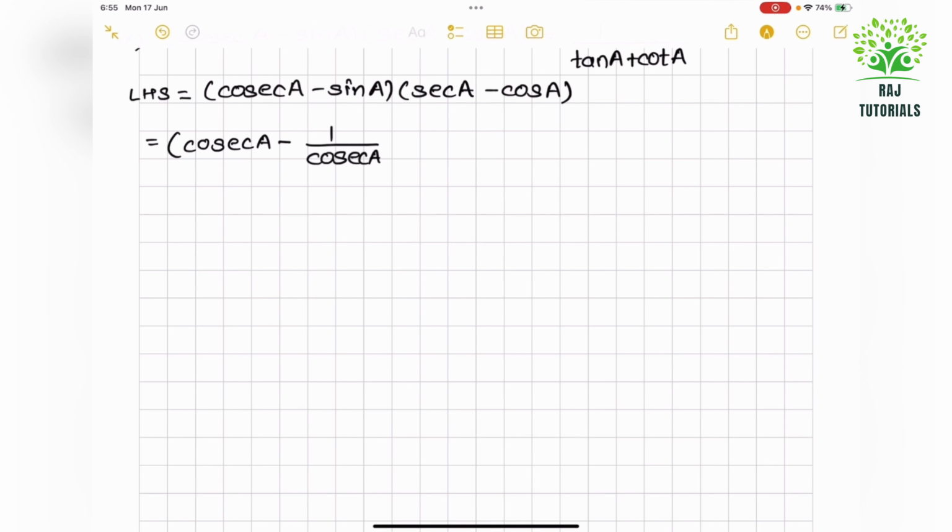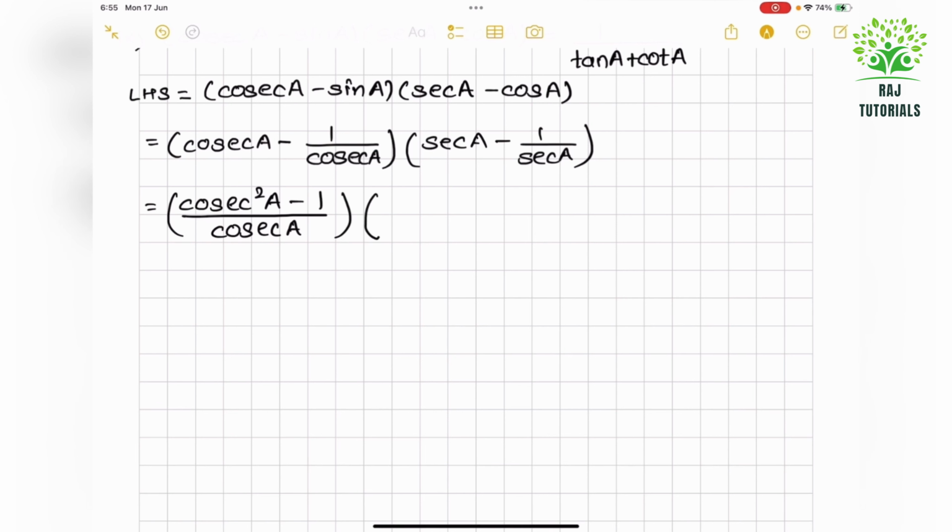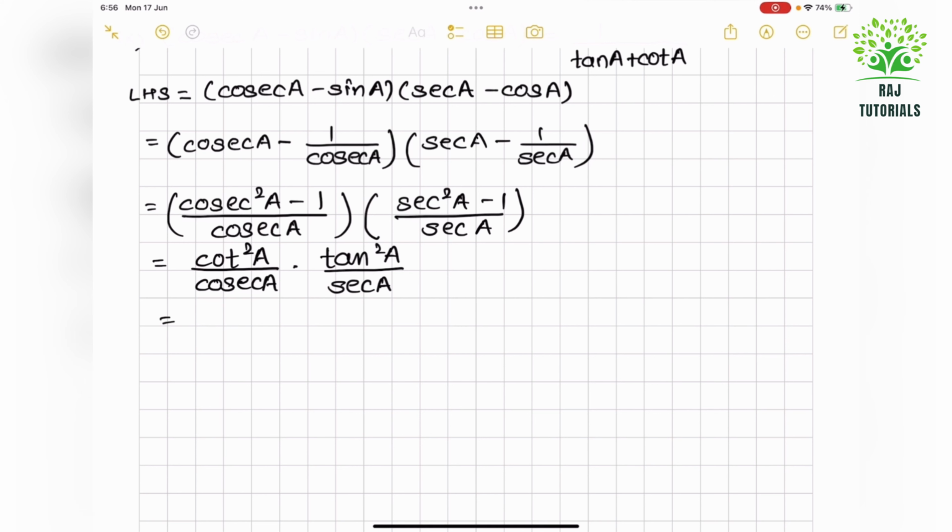So see, cosec A I am writing as cosec A, minus sin A I am writing as 1 upon cosec A. Same way sec A as it is and minus 1 upon sec A. Now doing the LCM I will get (cosec square A minus 1) upon cosec A into (sec square A minus 1) upon sec A. So cosec square A minus 1 will be cot square A upon cosec A into sec square A minus 1, which is tan square A. Now cosec A I am converting to sine, so cosec A means 1 upon sine A.